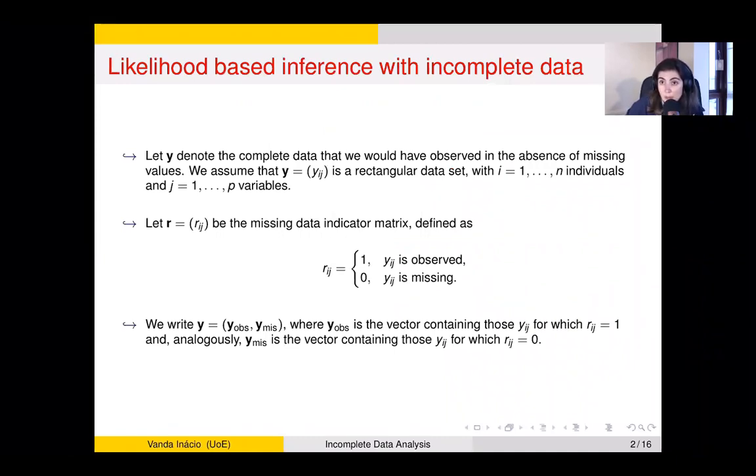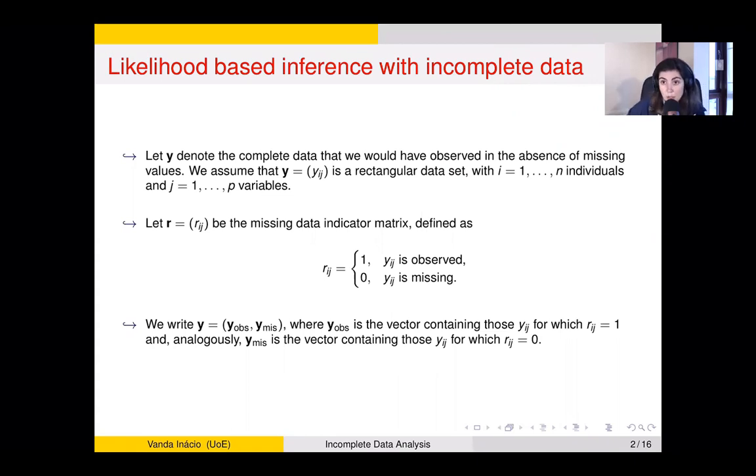We should already be familiar with this notation, but to refresh our memory, let Y denote the complete data, the data that we would have observed in case we had no missing values.